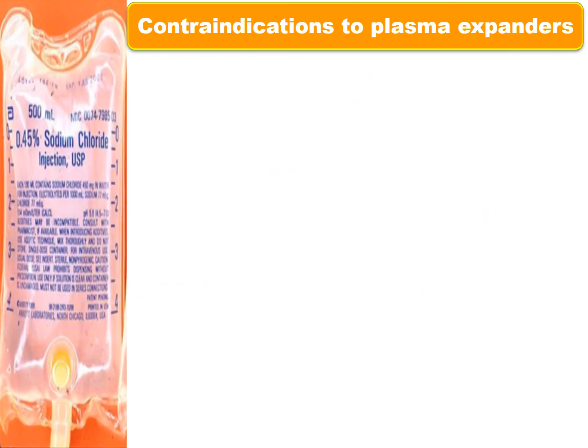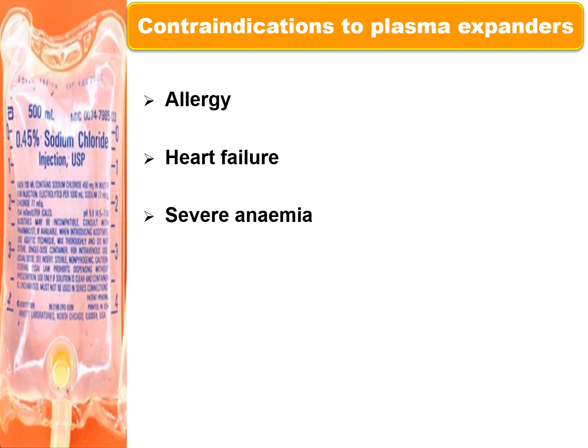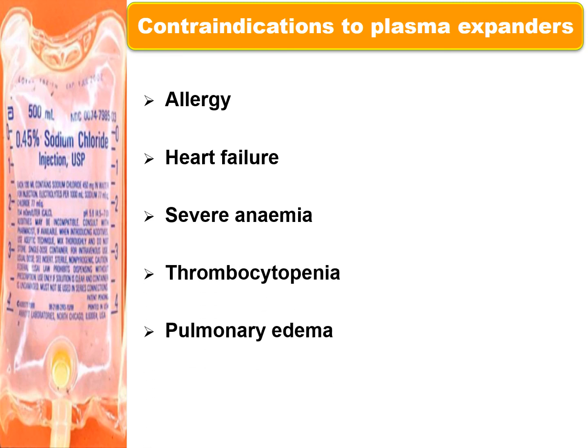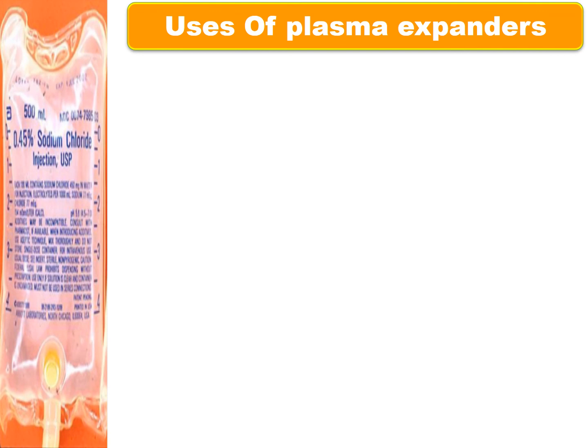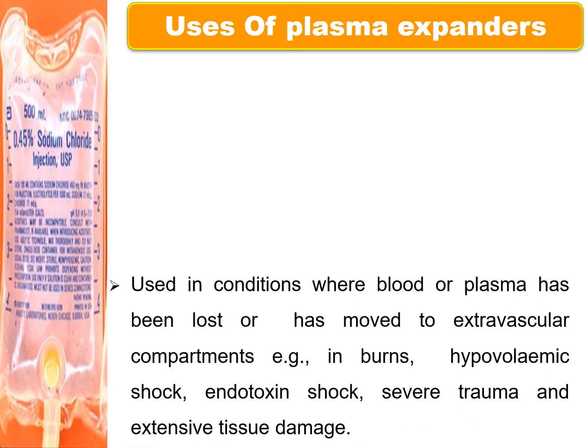Now, let us discuss some of the contraindications to plasma expanders. They show contraindication in allergy, heart failure, severe anemia, thrombocytopenia, pulmonary edema, and renal insufficiency. Now, let us discuss the uses of plasma expanders.